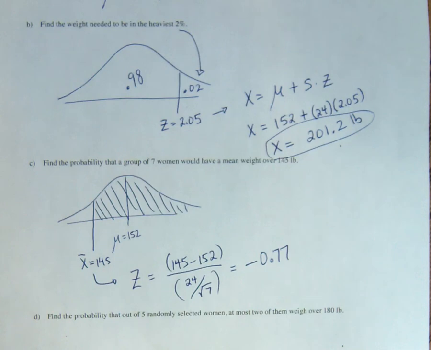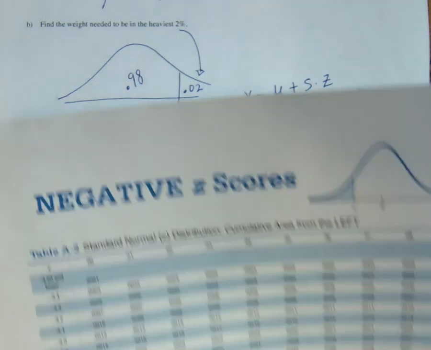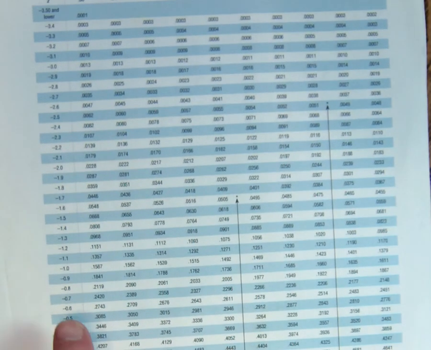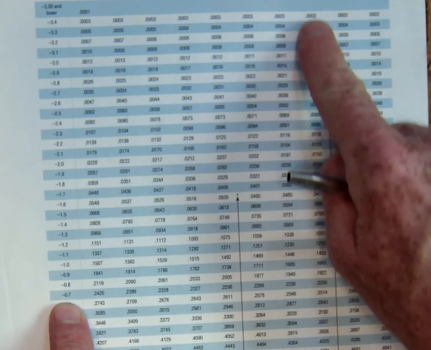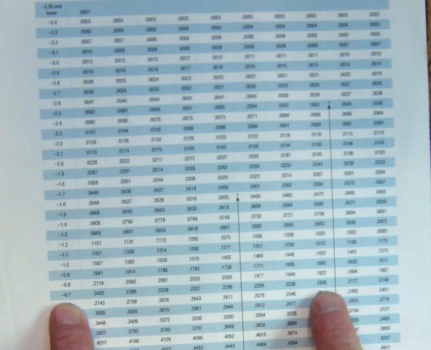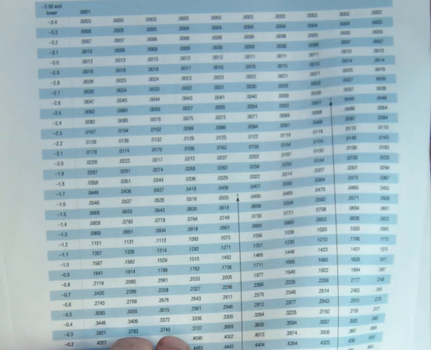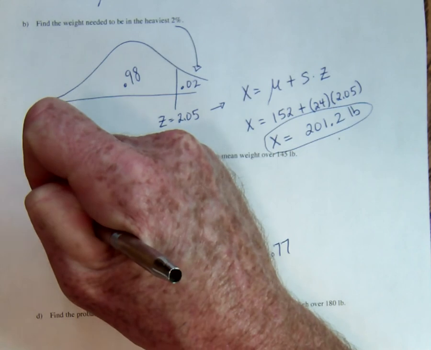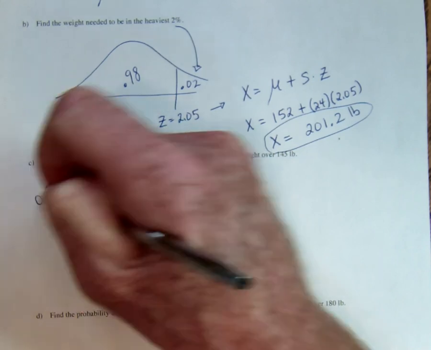And again, I'm just rounding it to 2 decimal places because our table only goes to 2 decimal places. So I need the negative z-score, negative 0.7 and 7 is .2206, which means that this side is 0.2206.